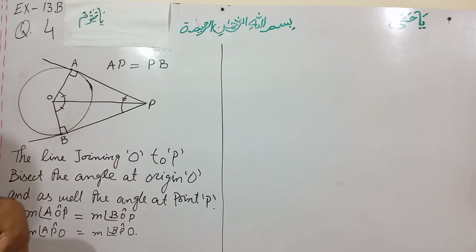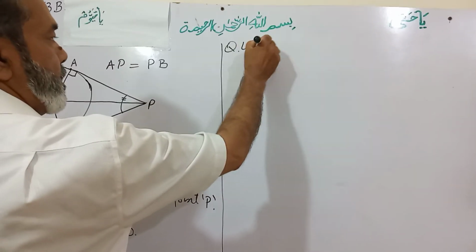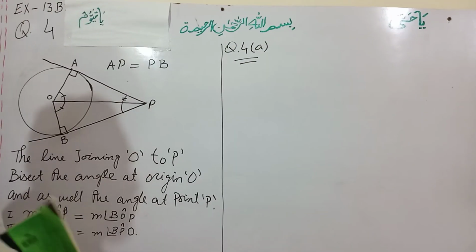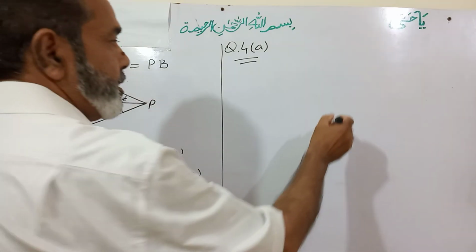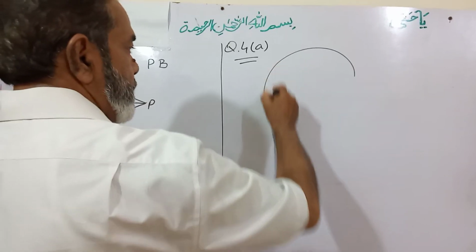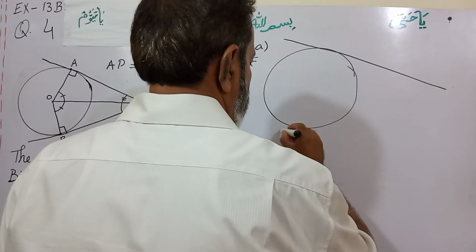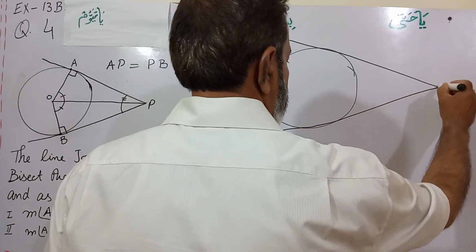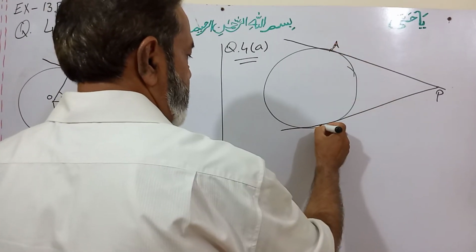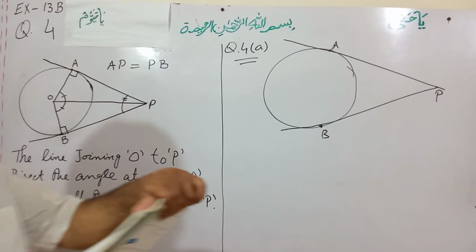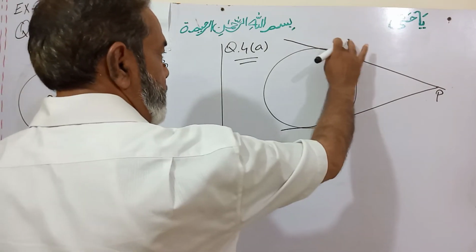For question 4 A part, the figure is given. Tangents from external point P, one is A and the other is B. Sorry, A is here and B is here.